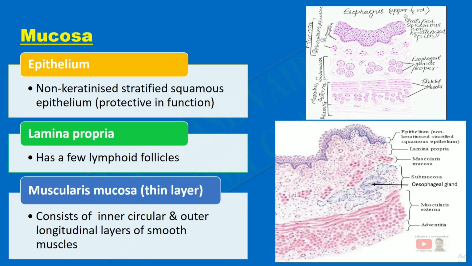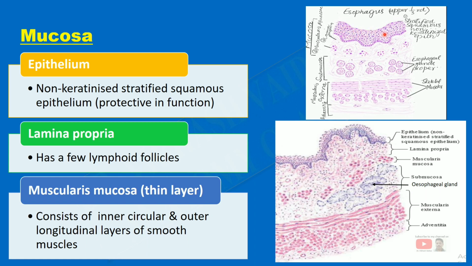So the first layer is the mucosa. As you can see here, upper one, these two are the schematic pictures of the esophagus, and the first layer is mucosa, as we have already discussed, and further this mucosa is made of 3 layers.